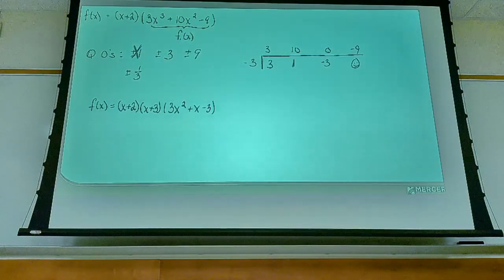Negative b plus or minus the square root of b squared minus 4ac all over 2a. B is 1. A is 3. C is -3.